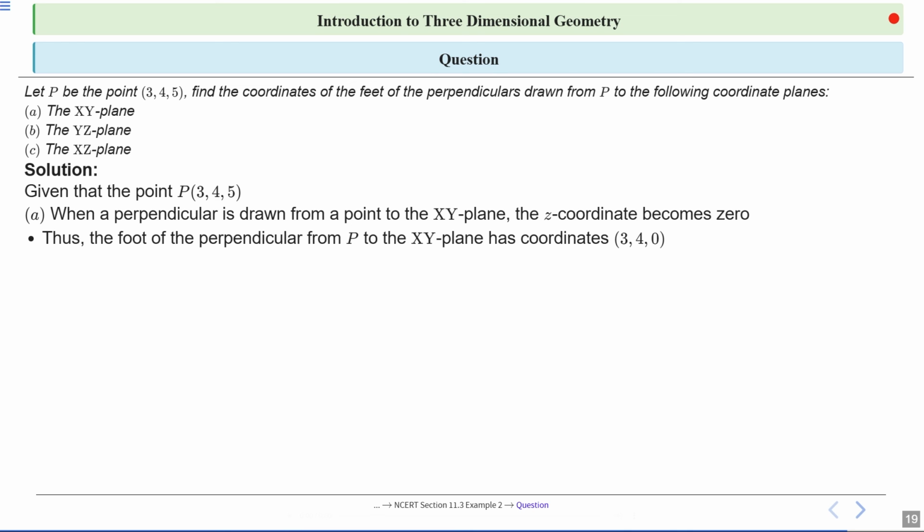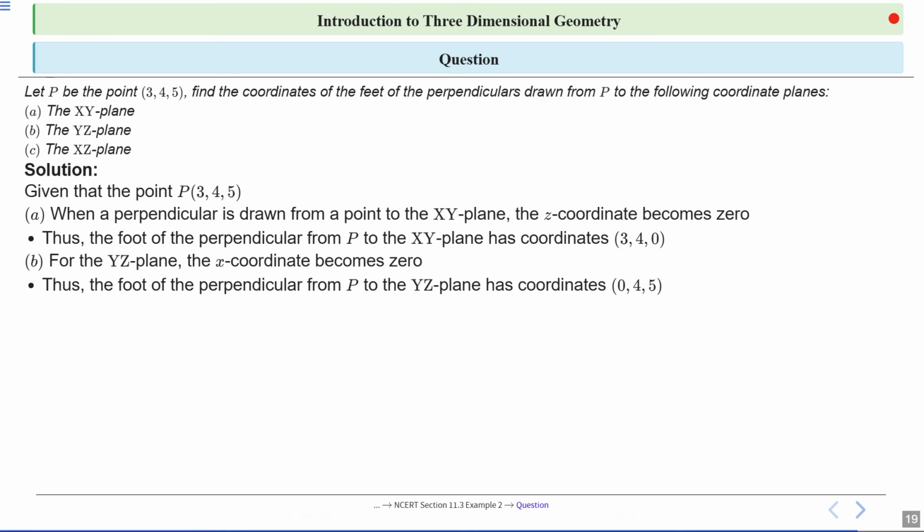Thus, the foot of the perpendicular from point P to the xy plane has coordinates 3, 4, 0. Now moving on to part B, for the yz plane, we need to set the x coordinate to 0. The yz plane is made up of all points where x is 0.